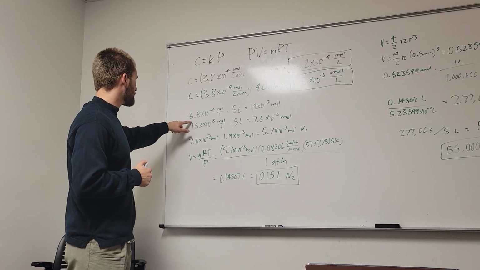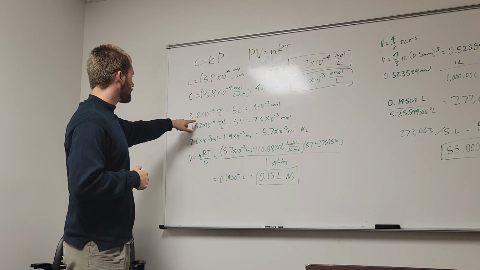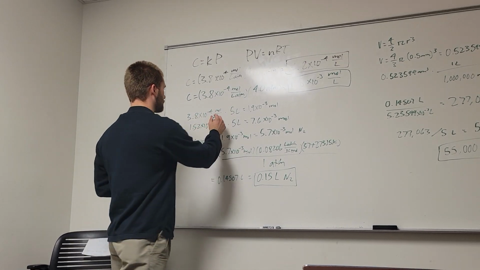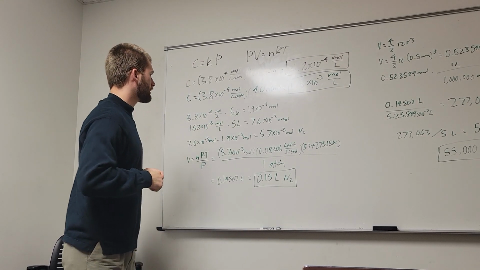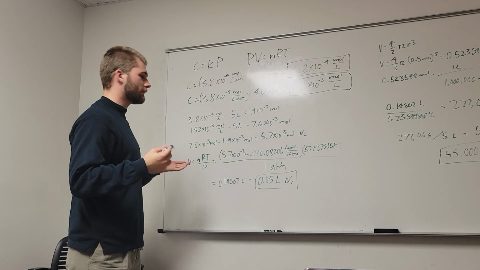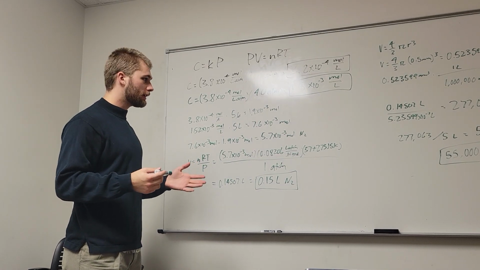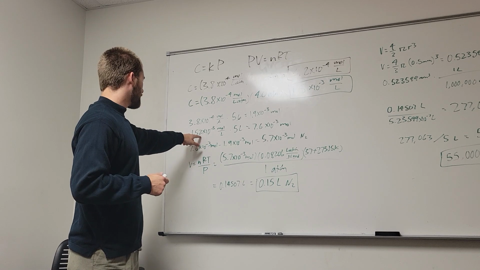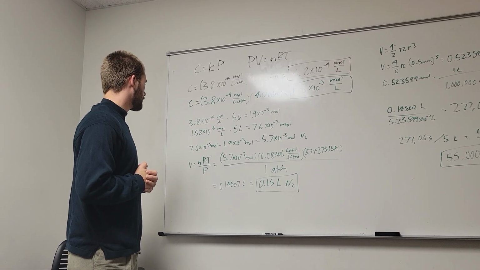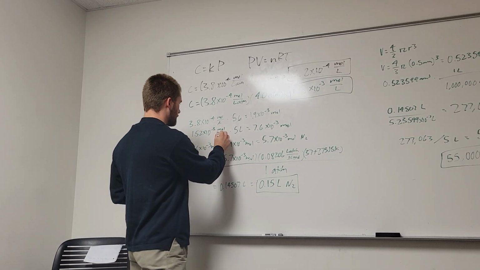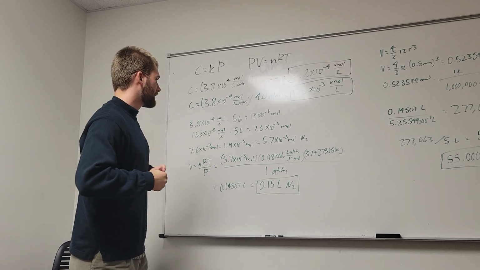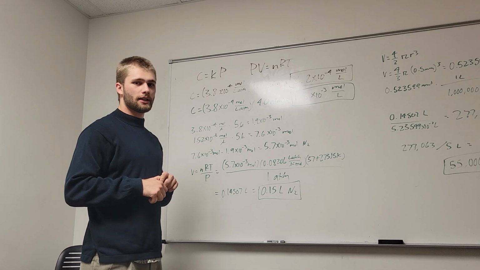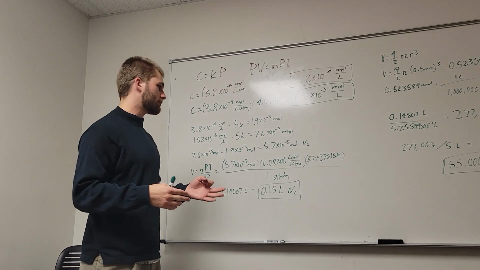Pretty simple: we take the first molarity, 3.8 times 10 to the minus 4 moles per liter, times the 5 liters, that cancels, giving us 1.9 times 10 to the minus 3 moles of nitrogen gas in blood at 1 atmosphere pressure. Same thing here, the 1.5 times 10 to the minus 3 moles per liter times 5 liters of blood gives us 7.6 times 10 to the minus 3 moles of nitrogen gas in the person's blood.